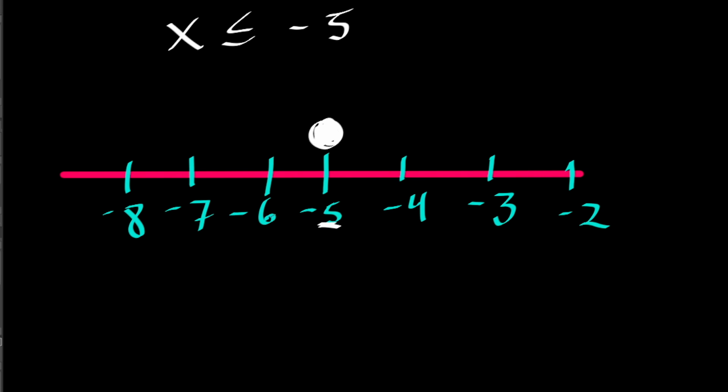Should my arrow point towards -6, -7, -8? Or should it point towards -4, -3, -2? All the values to the left of -5 would be less than, so it should point to the left. And once again, you could plug some of those in and check your answers. But there's a quick overview of how to graph basic inequalities.